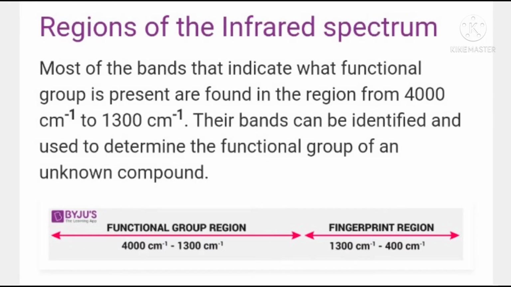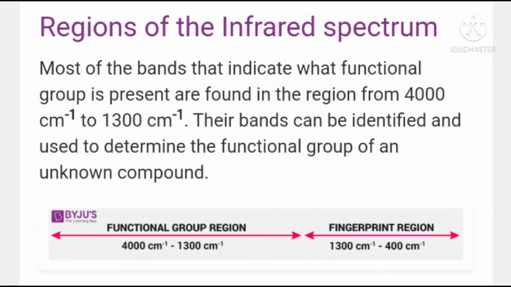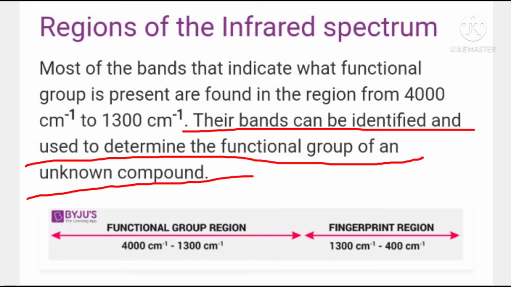That means IR is used to detect the bands that indicate the functional group present in that molecule, and their frequency is from 4000 centimeter inverse to 1300 centimeter inverse. Their bands can be identified and used to determine the functional group of an unknown compound.